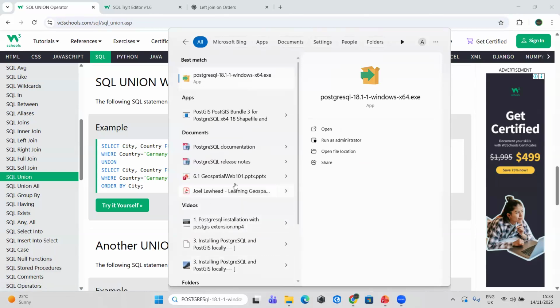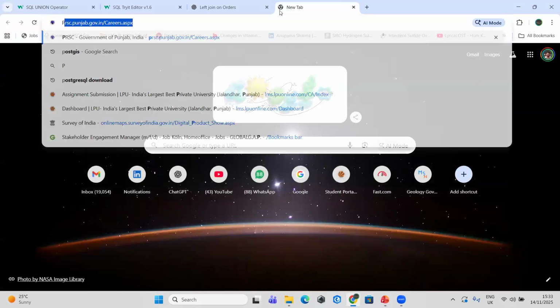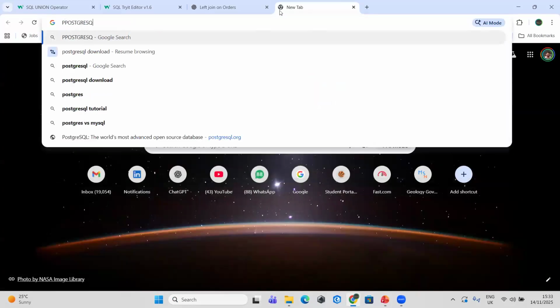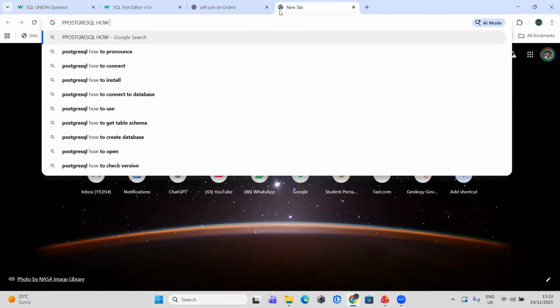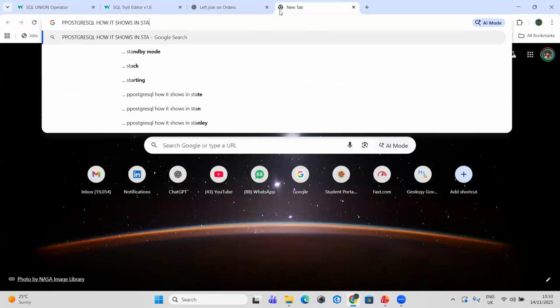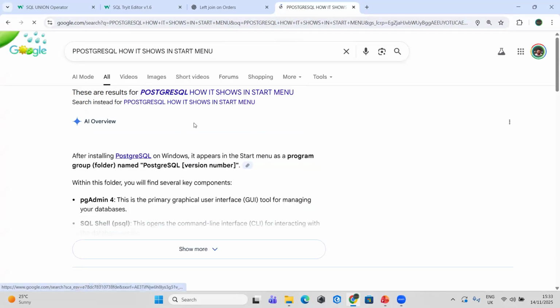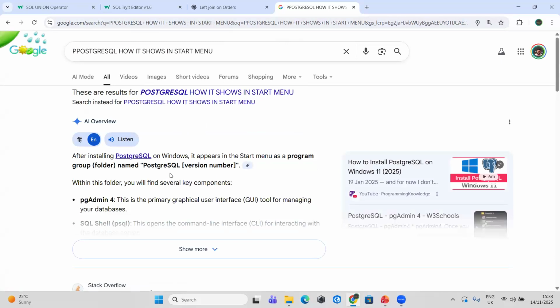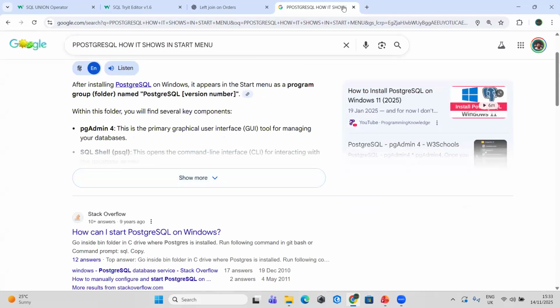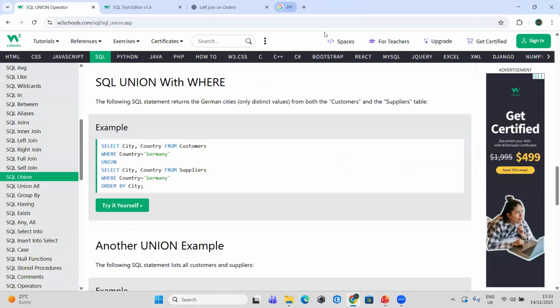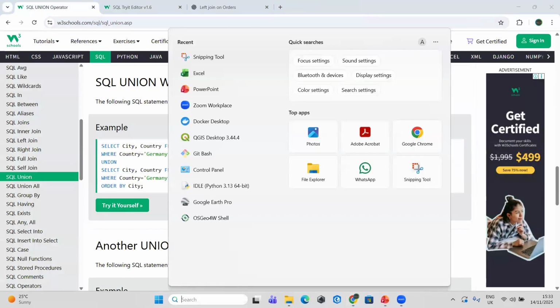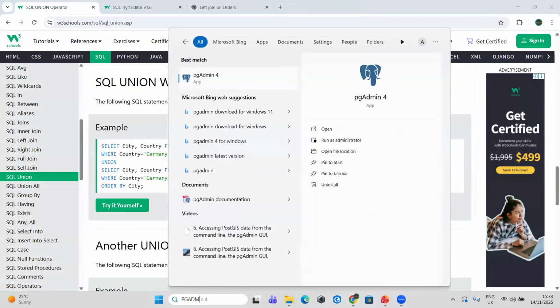Postgres, no. Yeah, it's executable in the Windows. PG admin. So you go here and you write PG admin.